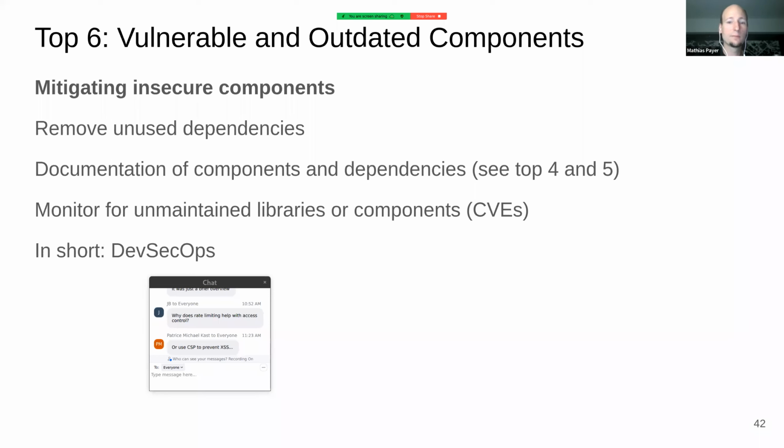Whenever there's a CVE, figure out what the issues are, where they are, and whenever a new version is available, install it to limit the impact of vulnerable components. If components are no longer updated, you can remove them and replace them with a library that actually is updated.